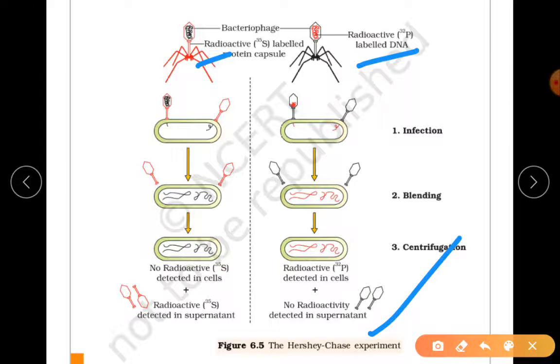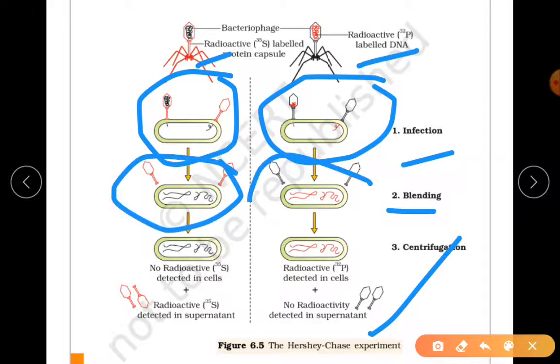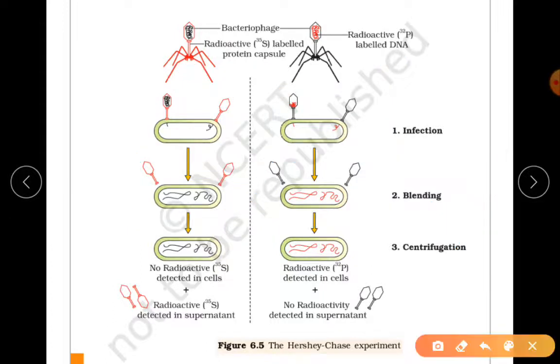Here he allowed for the infection. Blending means we do it after the infection, when the virus particles are being produced, but we are not allowing the lysis. We want the live bacteria; we don't want the bacteria to die.